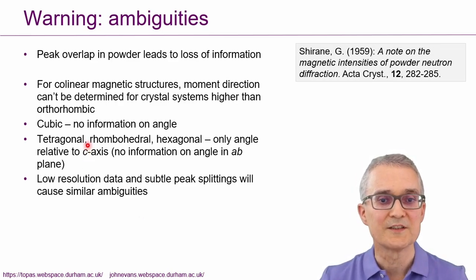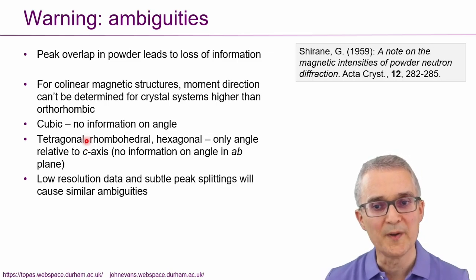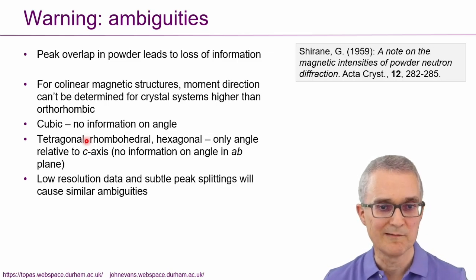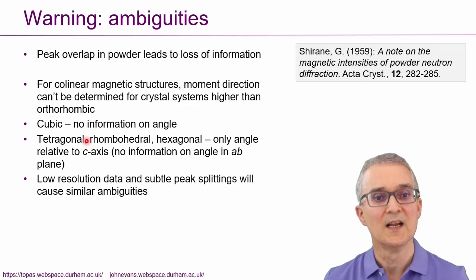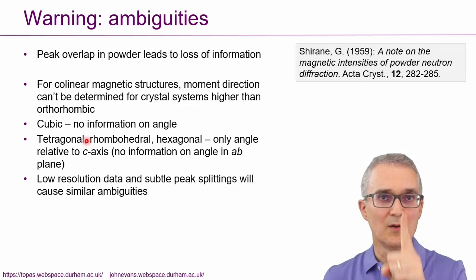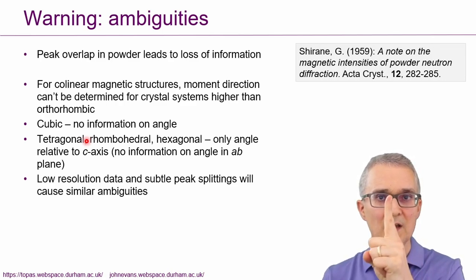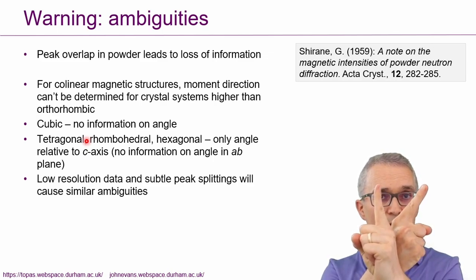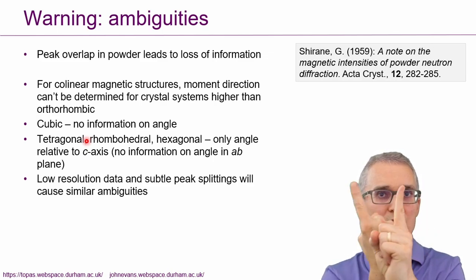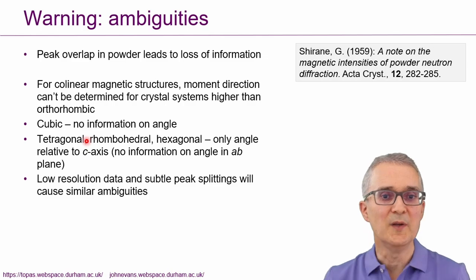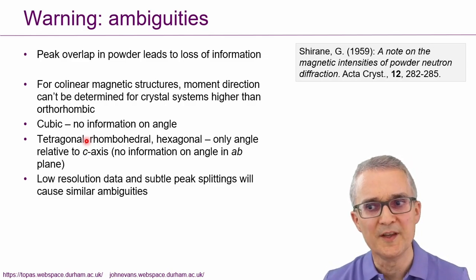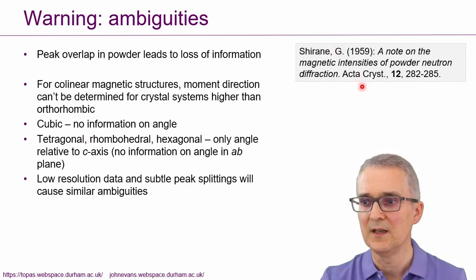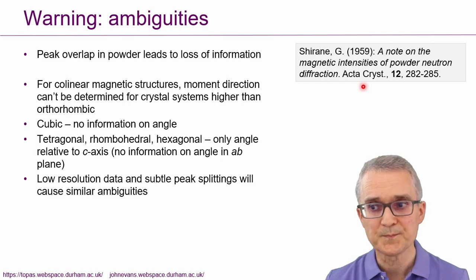Similarly, if you've got, for example, a tetragonal material or a rhombohedral or a hexagonal material with a unique axis, something like a tetragonal material where the c-axis is unique, you can get information on the moment direction relative to the c-axis, but you can't get any information on the moment orientation in the AB plane. You need to be aware of some of these ambiguities. They're discussed in the publication on the right here.